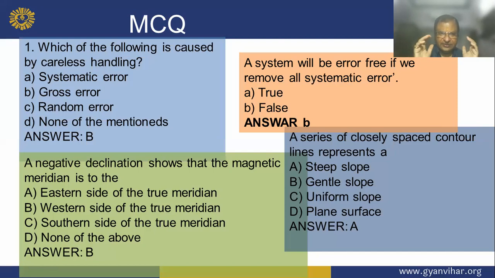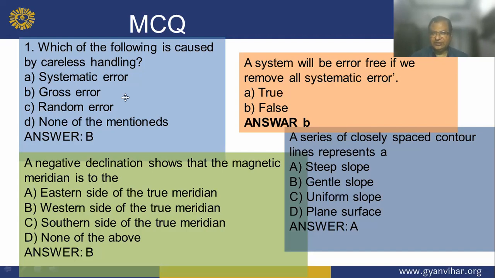Now a negative deflection shows the magnetic meridian to the, which is the correct answer? The correct answer is the western side of the true meridian. Now a system will be error free if we remove all systematic errors. Answer is B.